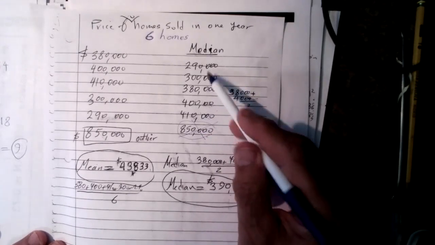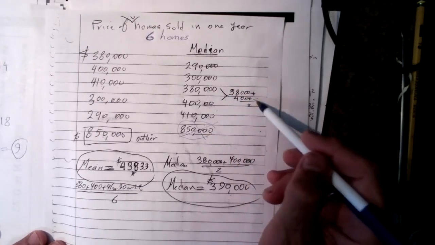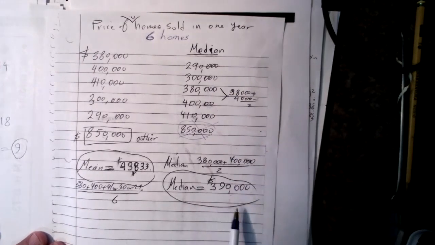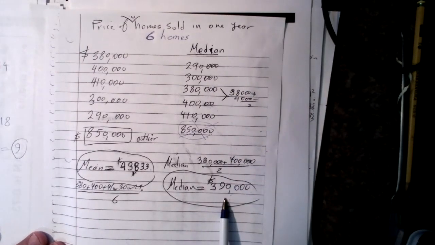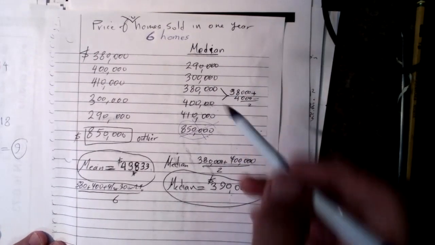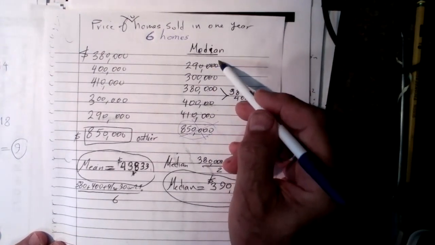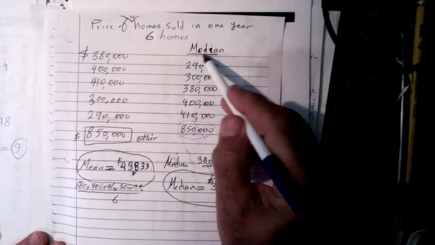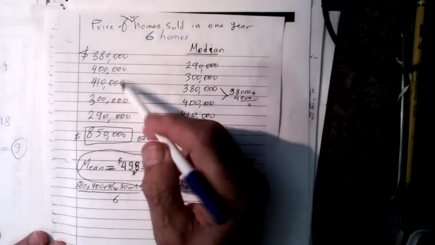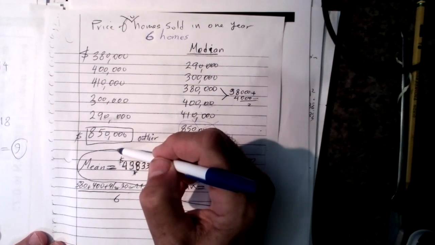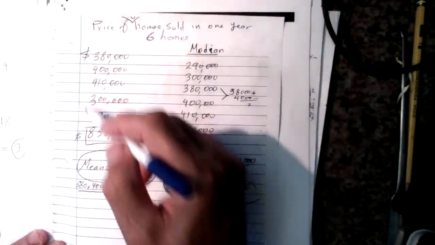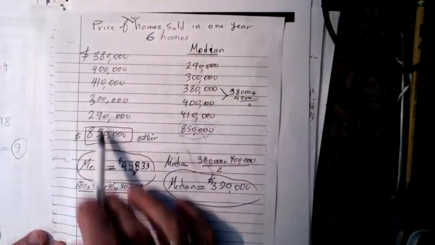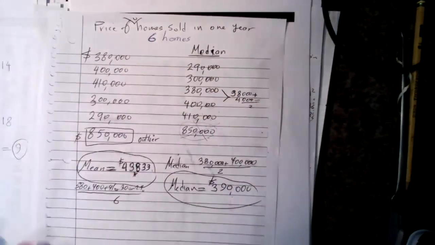Since the number of values is even, the middle is between these two, or 390,000. So that's one of the reasons we use the median in this case: the outlier cannot impact the median that much, but the outlier definitely impacts the mean, because the mean adds all the numbers and divides by how many you have.